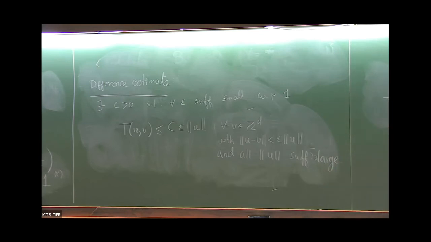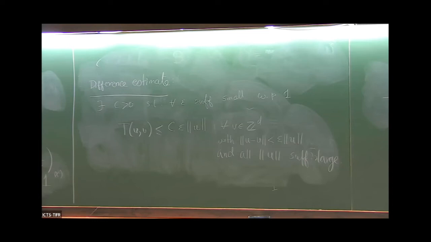So what does it say? Let's take a minute to parse this statement. It says that if I take some u with sufficiently large norm and take a v which is close enough to u, in the sense that the norm of u minus v is at most epsilon times the norm of u, then the passage time between u and v will also be bounded by some constant c times epsilon times norm of u.